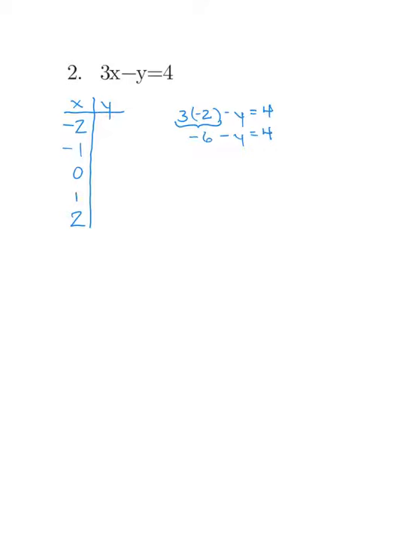So to get rid of -6, I want to add 6 to both sides. We get -y equals 10. And finally, I want to get rid of the minus sign. So we want to divide by -1. And we get y equals -10.